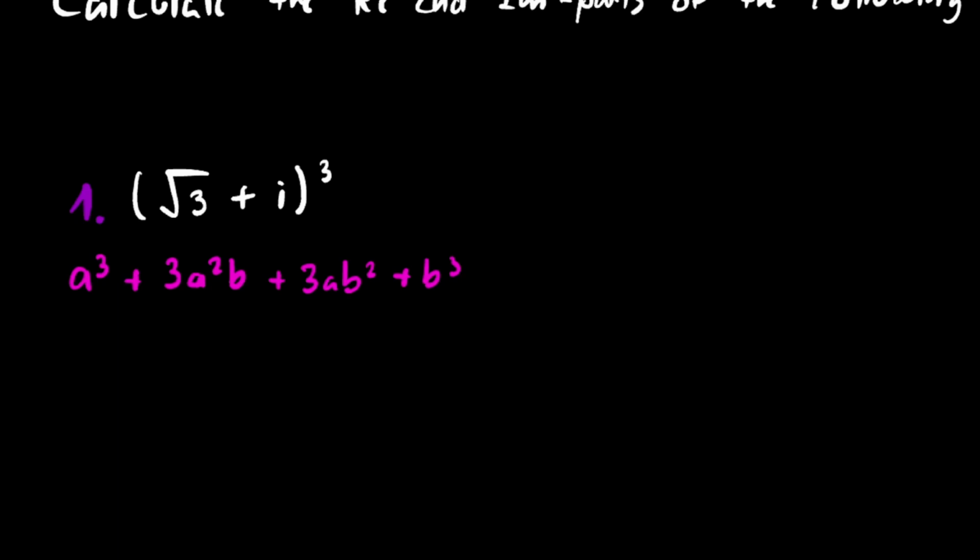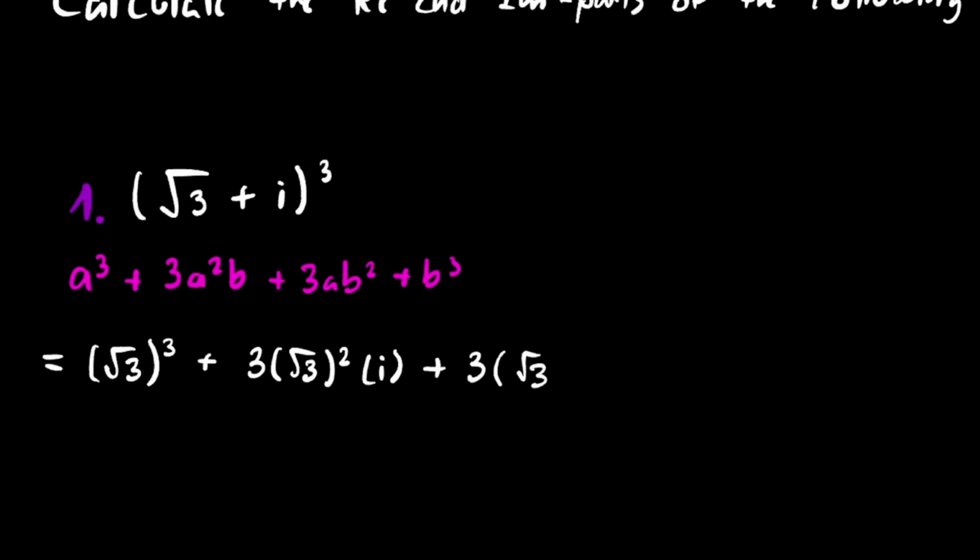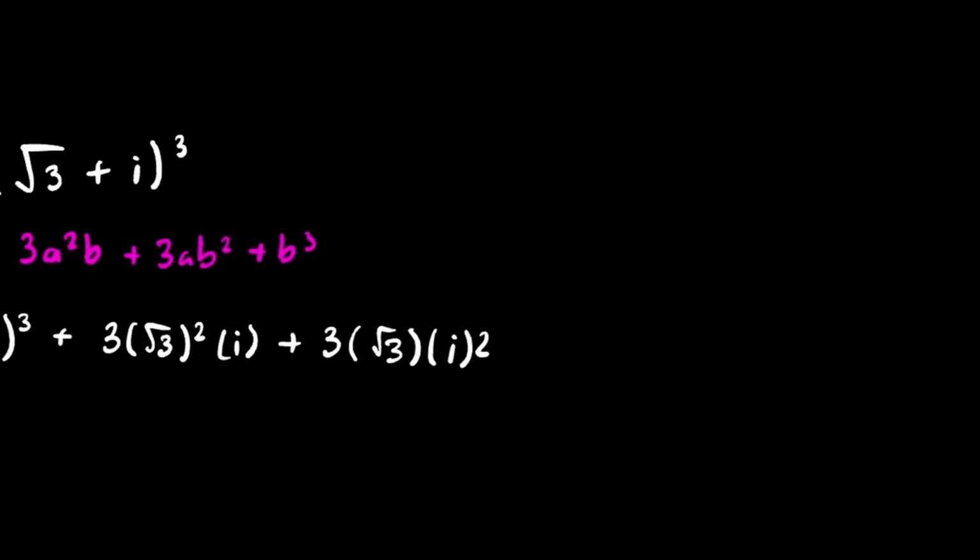This is basically going to be square root of 3 cubed, plus 3 times square root of 3 squared times I, plus 3 times square root of 3 times I squared, plus I cubed.